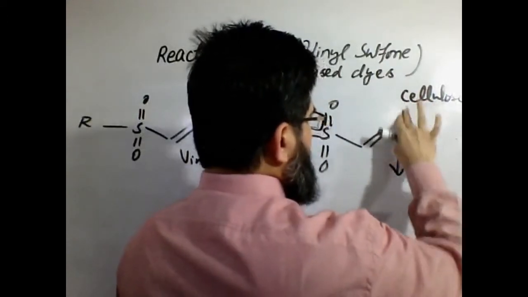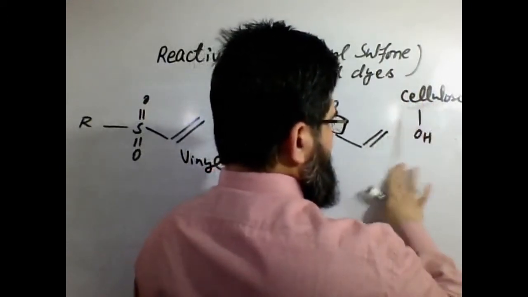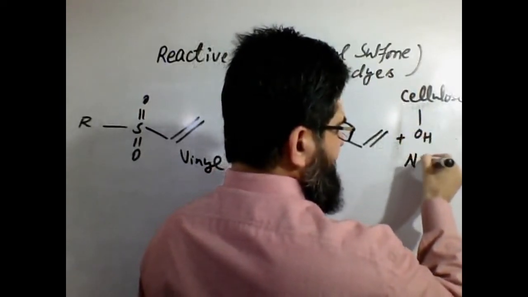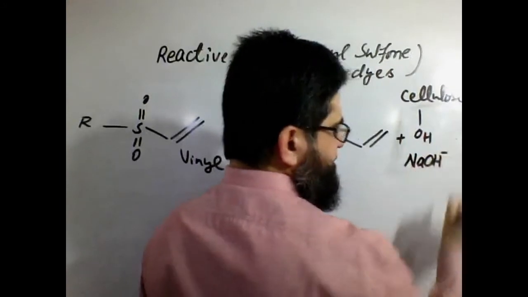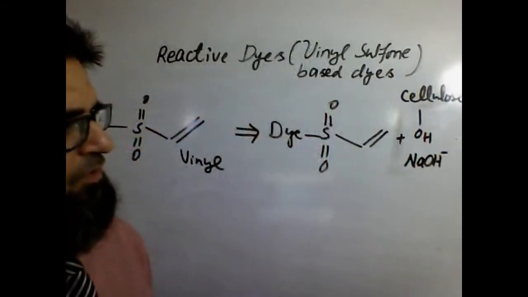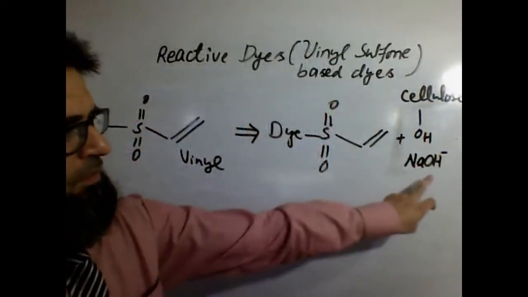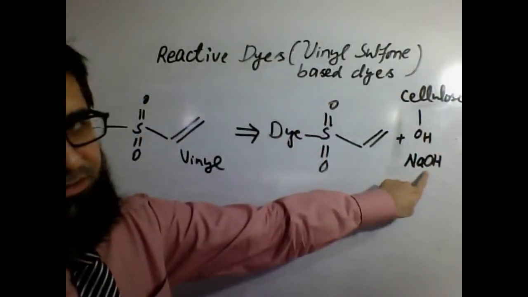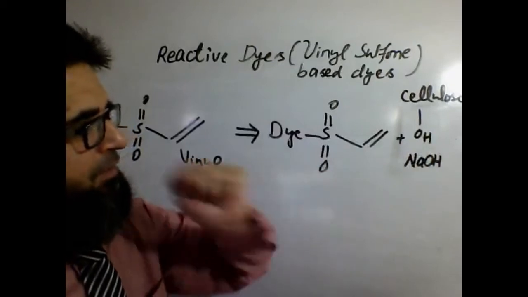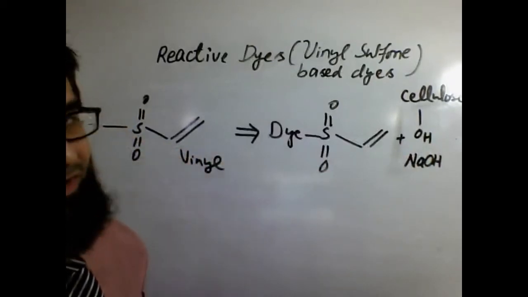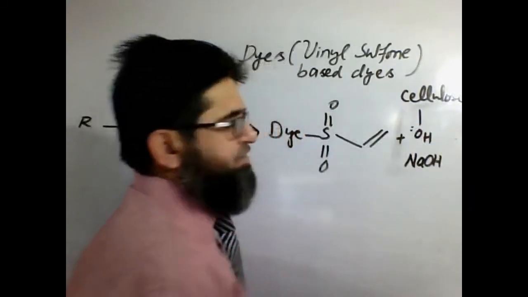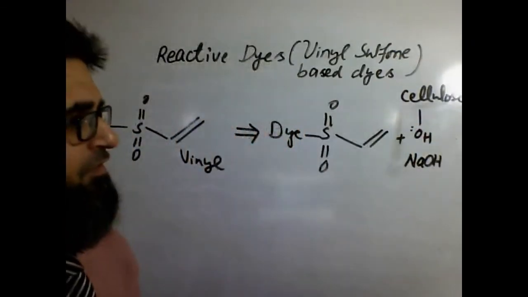When they come close to the vinyl sulfones in the presence of any base, we get the idea. The bases are present. The bases could take this proton away, making this functionality a bit more nucleophilic in nature.